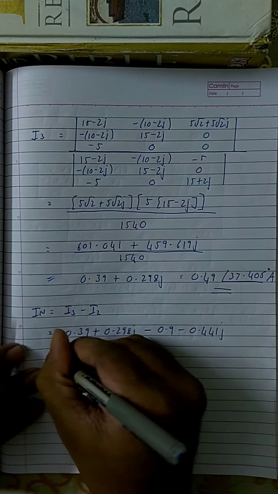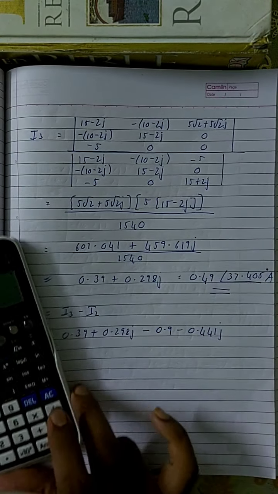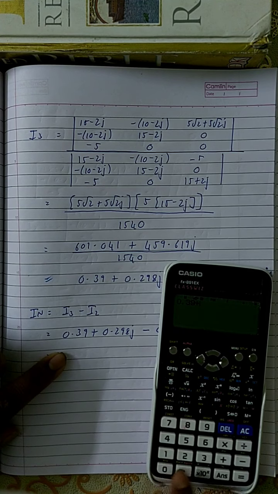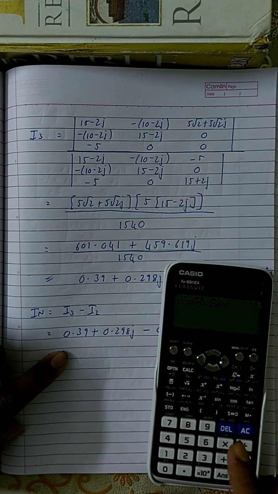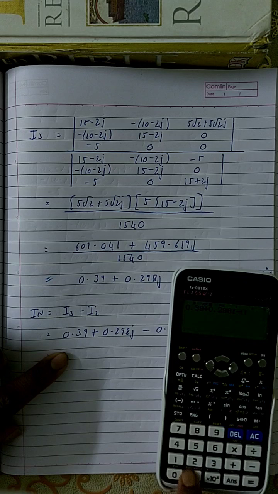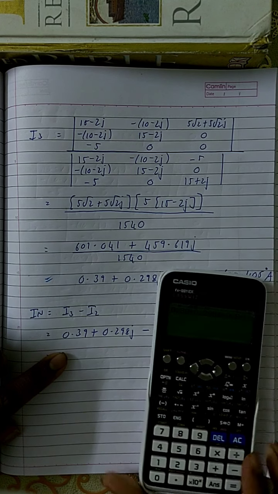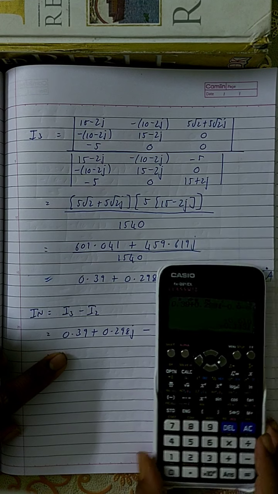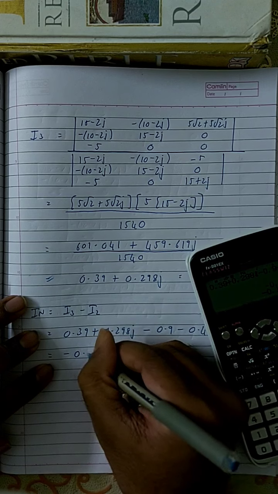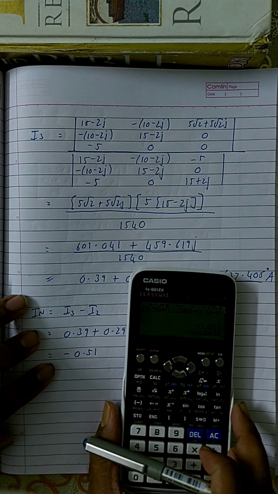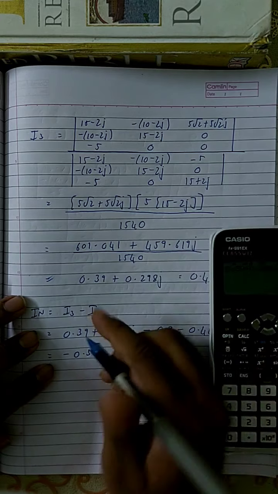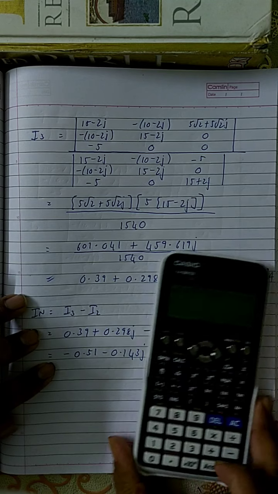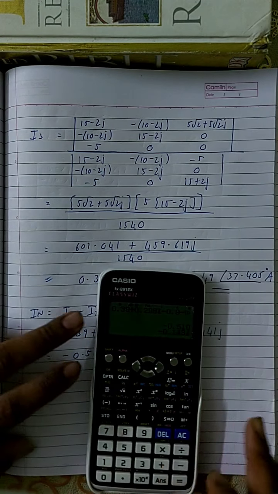So you will get the answer 0.39 plus 0.298j minus 0.9 minus 0.441j, and this is equal to minus 0.51 minus 0.143j. Okay, this is the value of IN.